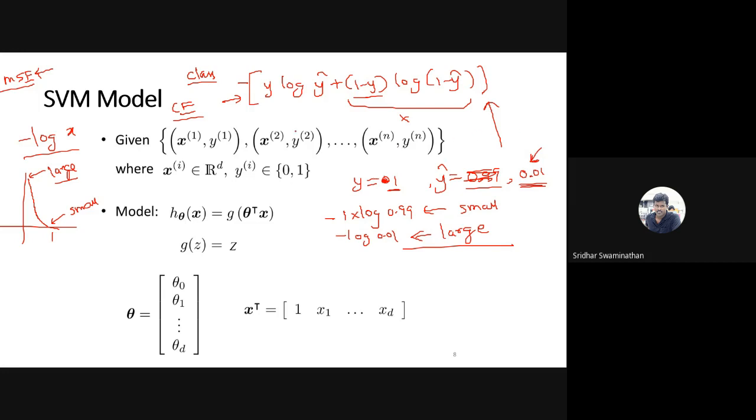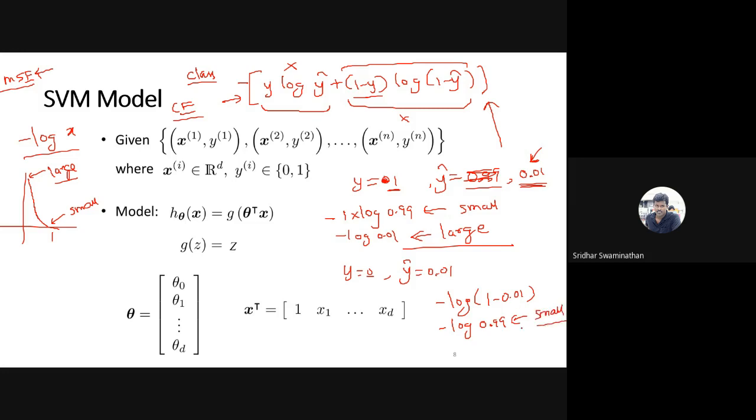Similarly, if your y is equal to 0 and your y cap is 0.01, close to 0, then what will happen? The first term, 0 into this term, will be gone. Now the second term will be active. So that will become negative of log of 1 minus 0.01, which is negative log of 0.99. This will be a small number.